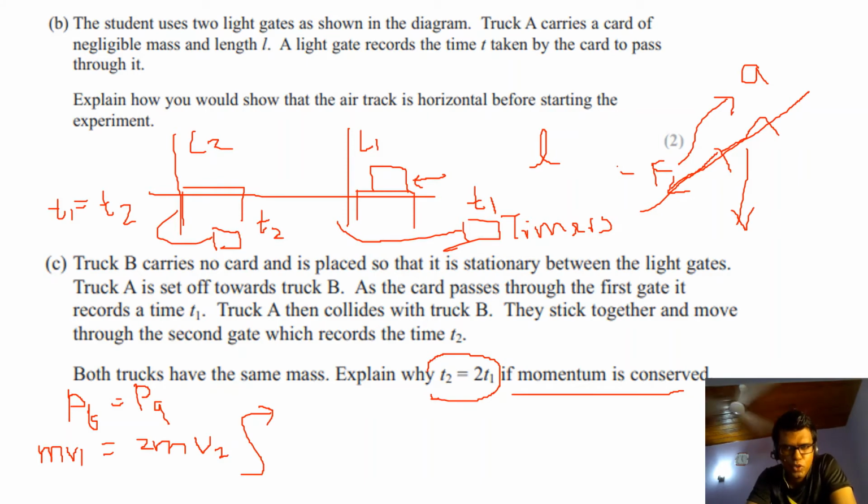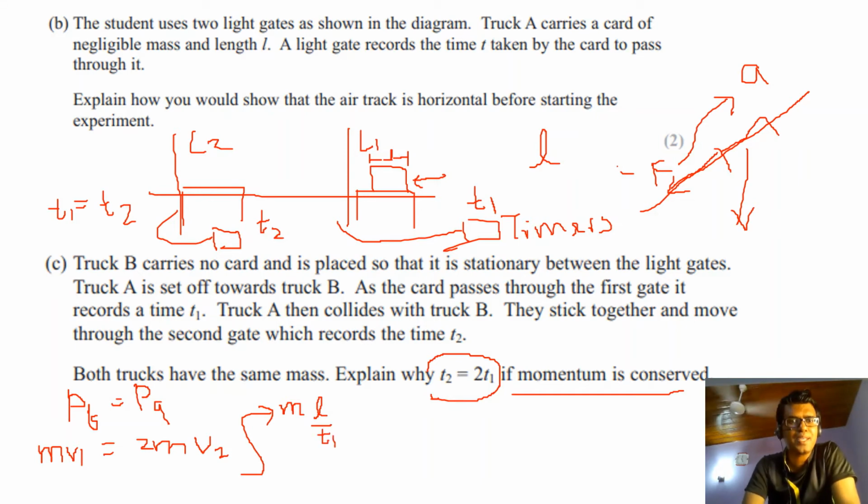displacement divided by time. So what is moving through the light gate? The carts. So the cart has a certain length. Let's take it as L, simply L. So v1, the velocity of the cart, can be calculated by dividing the length of the cart by the time taken for the cart to pass the first light gate.